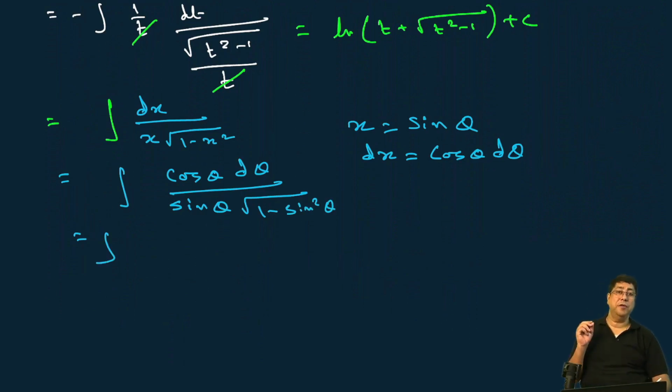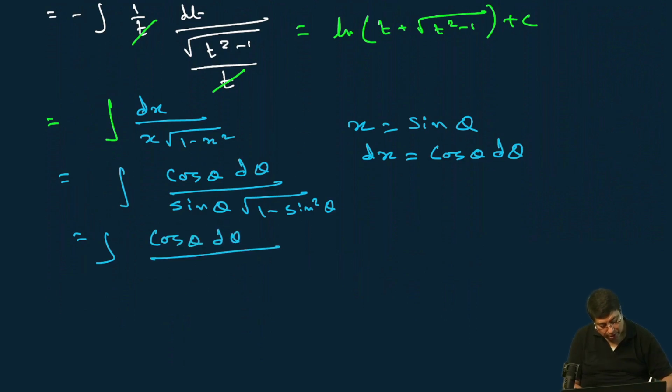Always for any entrance examination, your target will be to substitute for something. Otherwise, you have to lose so much time. So cos theta d theta by sin theta into root over of 1 minus sin square theta, which is cos square theta, root over of cos square theta is cos theta. So this is coming cos theta and they are getting cancelled.